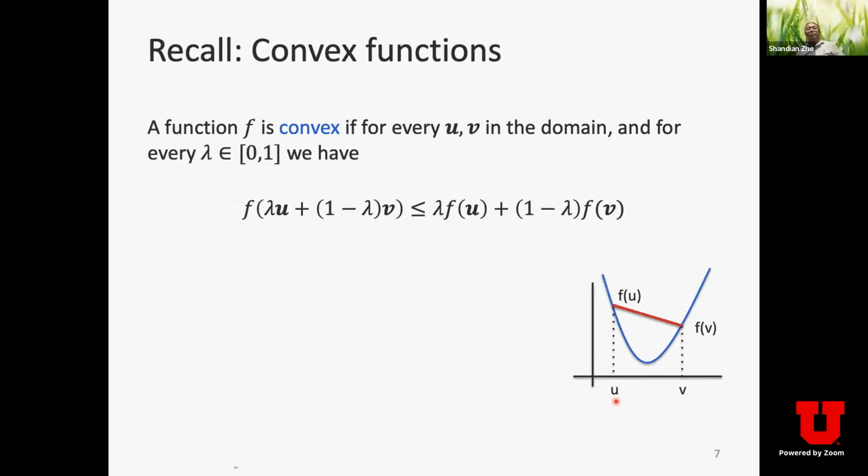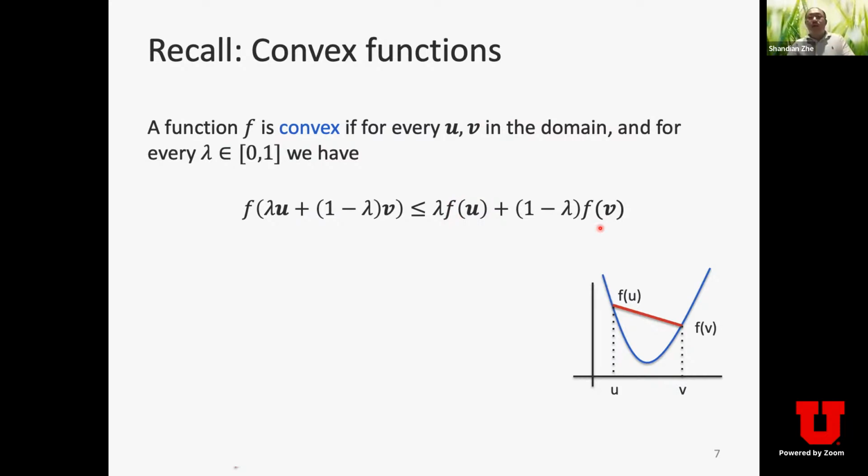So remember the definition of convex functions. We say a function f is convex if for every input in the domain, say u and v, and for every value of lambda between 0 and 1, if we first do the convex combination of u and v in terms of lambda, that means we first combine the inputs, then evaluate, this function value will be less than or equal to the convex combination of the function values at u and v.